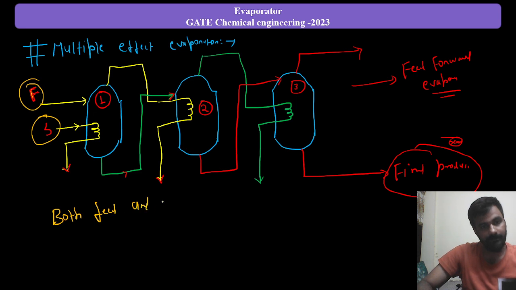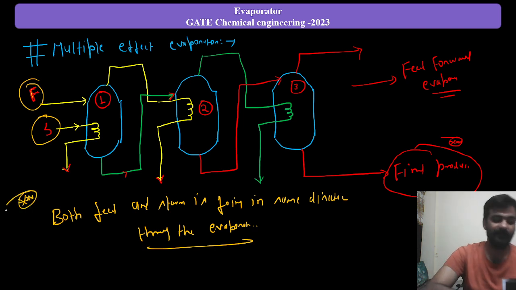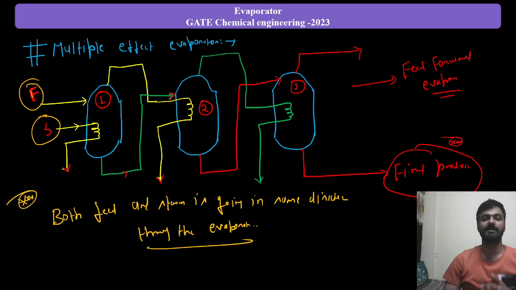Whenever the feed and steam are going in the same direction in the evaporator, that evaporator is called a forward feed evaporator. Both the feed and steam are going in the same direction, and we are getting the final concentrated product from the third evaporator, right?